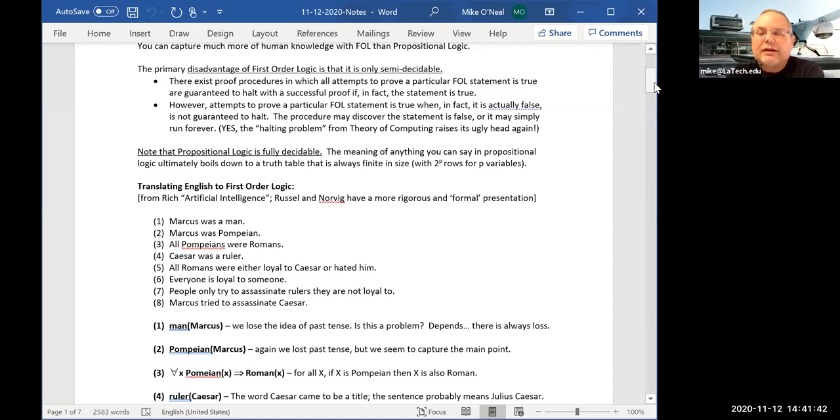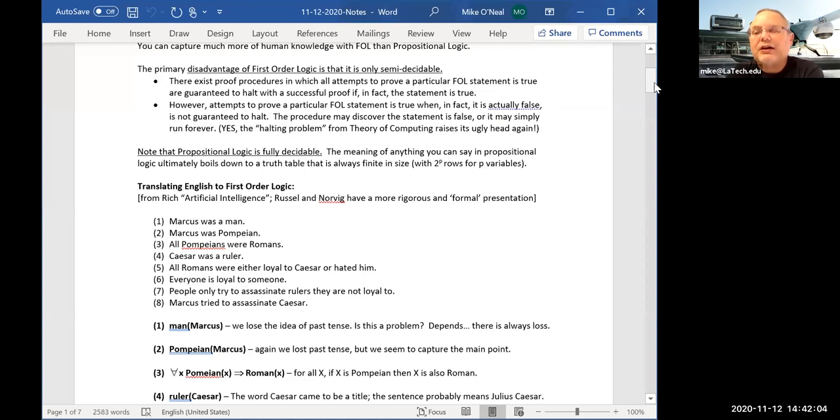Okay. Now, here's a little thing that often isn't said in this class, but should be said, and that is that there is a workaround to the fact that a logic is semi-decidable.